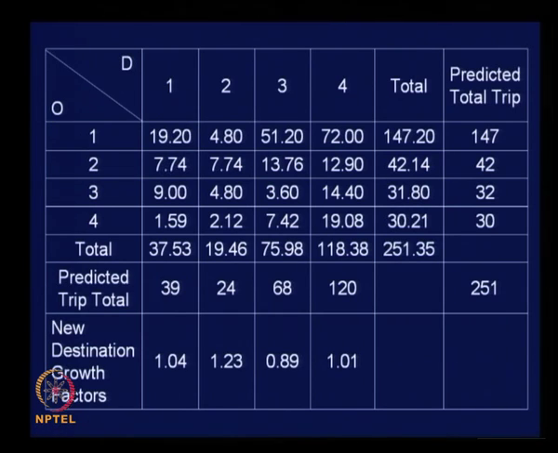Use these growth factors, scale up the cell values along each column using these factors and get the resultant matrix, and you will see that there is some disturbance in the column totals, and repeat the procedure until there is no disturbance at all in your cell values, and you get growth factors to be nearly unity.